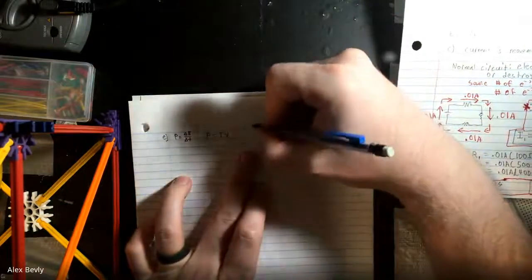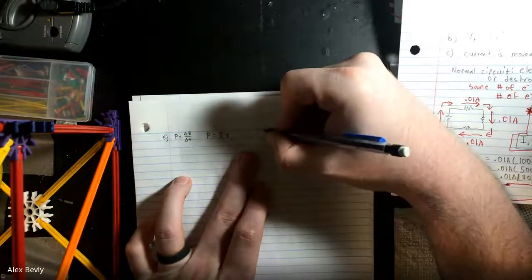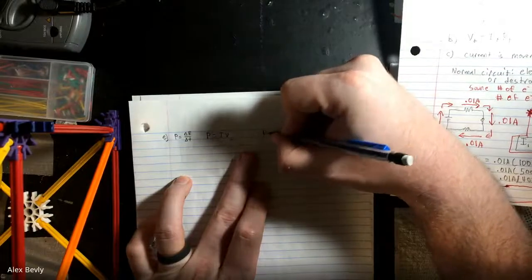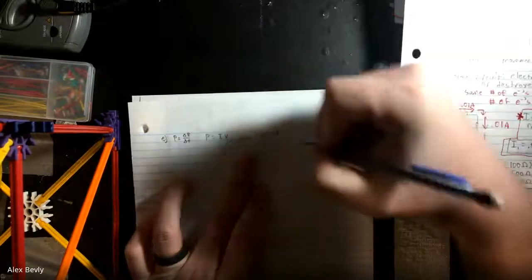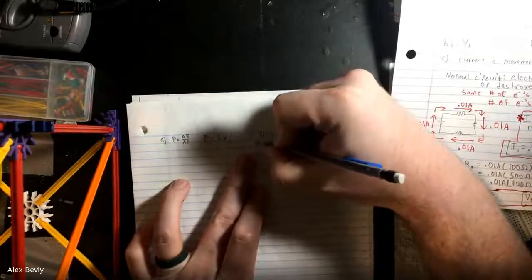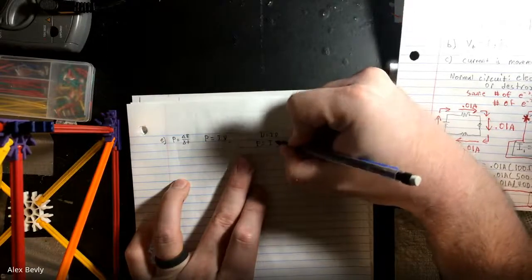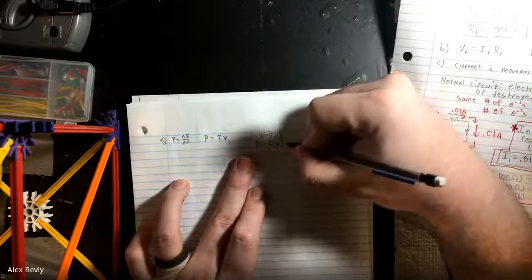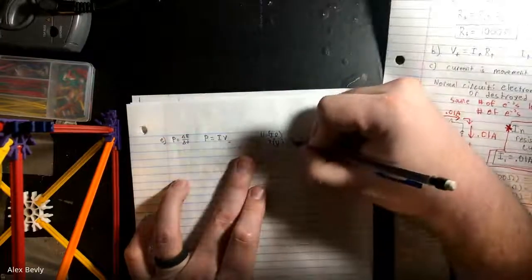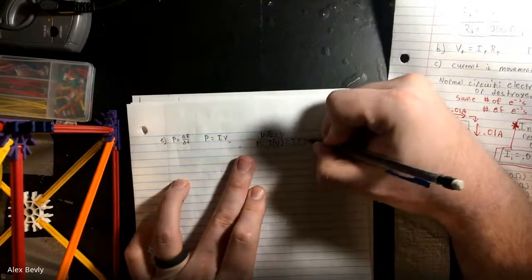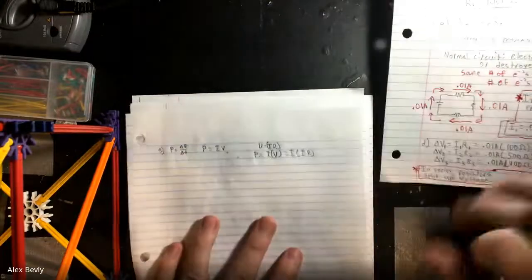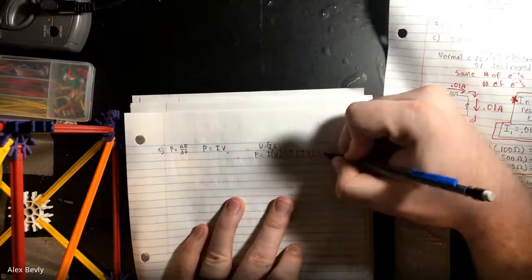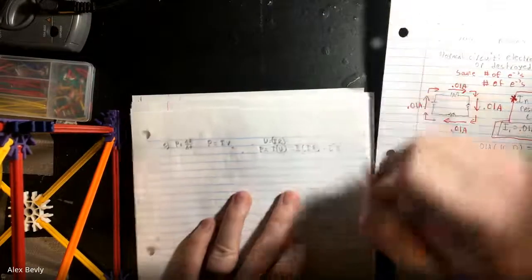I know power is current times voltage, but I know that voltage equals current times resistance. So instead of voltage, I could write current times resistance, which equals current squared times resistance.